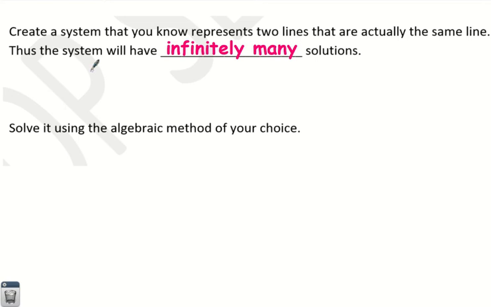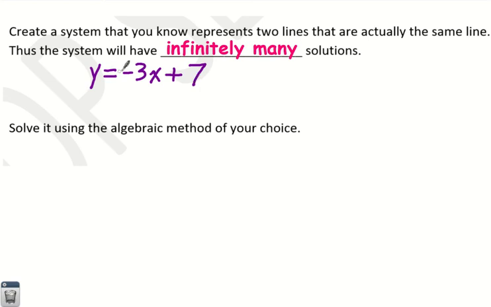So maybe you said like y equals negative 3x plus 7. And if you wanted to just be super blatant about it, then the other equation would literally be y equals negative 3x plus 7.